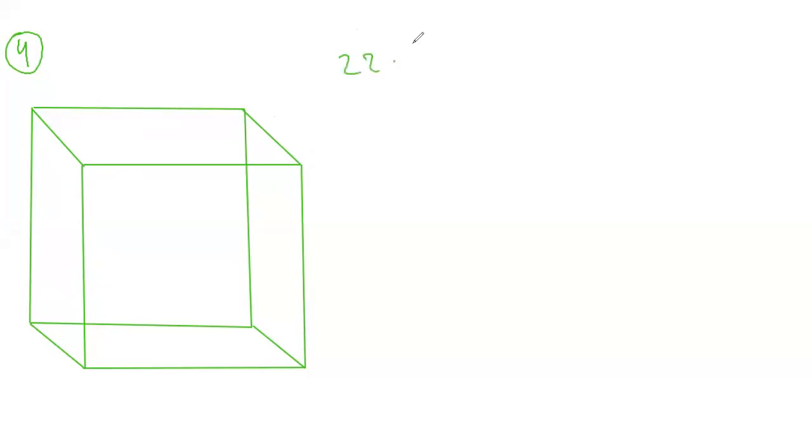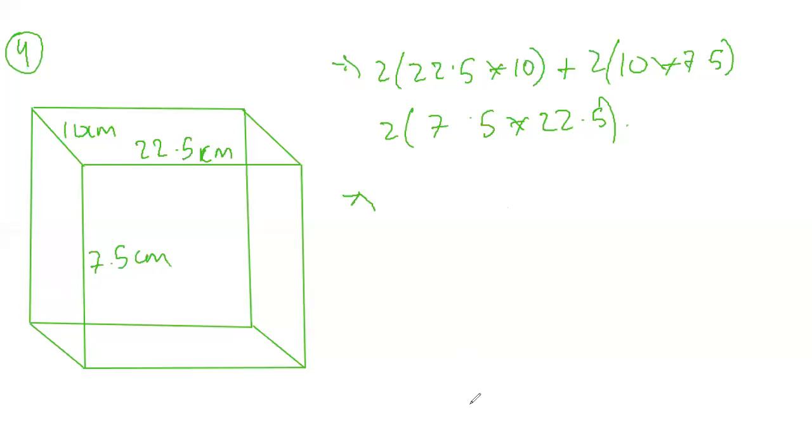So 22.5 centimeters will be equal to 22.5 divided by 100. So 22.5 into 10 will be, so we'll calculate it. Finally we get our addition answer as 450 plus 150 plus 337.5.